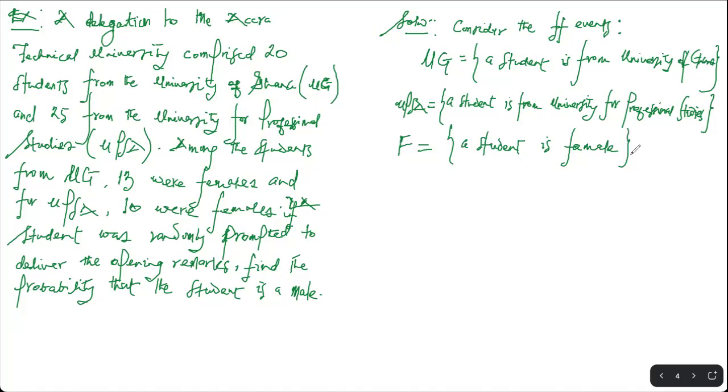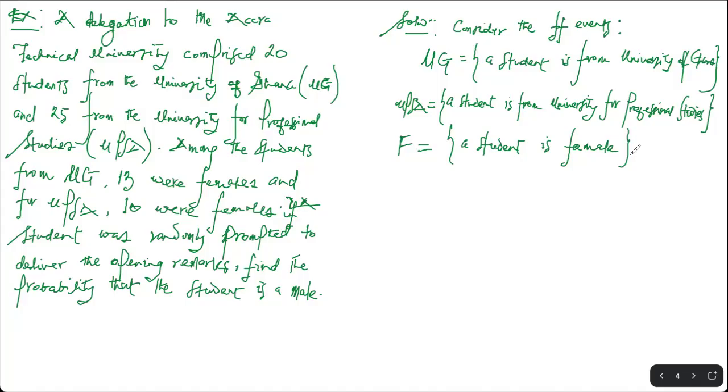Then what this simply means is that either the female students came from UG or the female students came from UPSA, right? It has to be one of these.